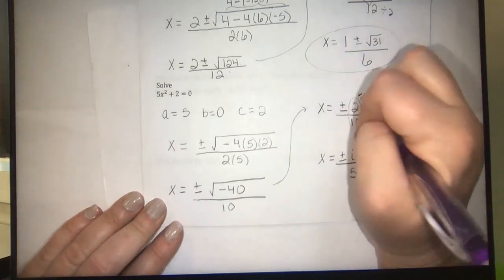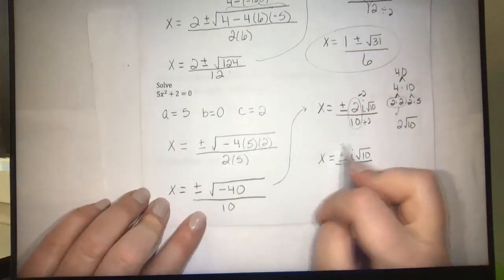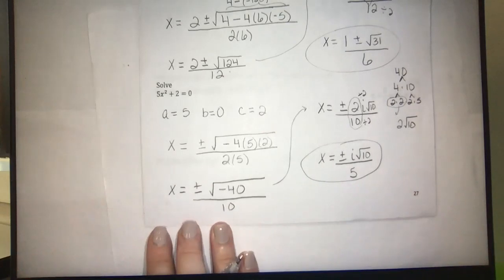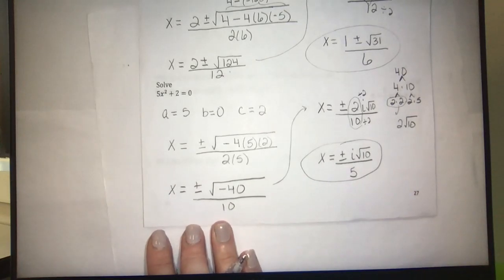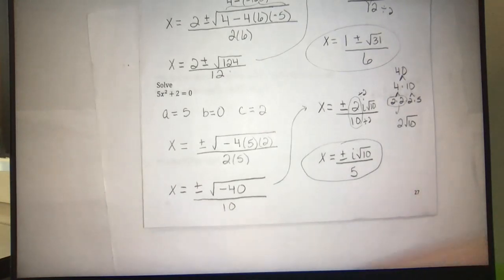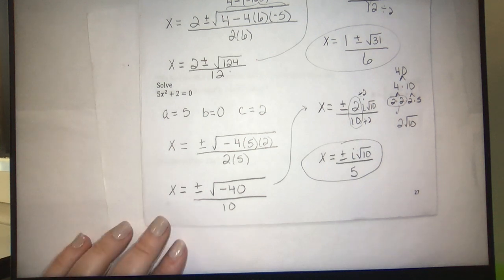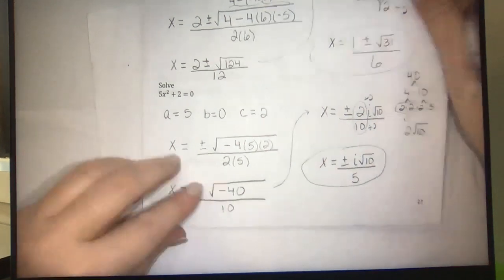I'm just dividing that top and bottom by 2. That's a super weird answer, but it's an answer, you know. So like I said, it seems like the formula itself isn't bad. It seems like the problem tends to be the answers.